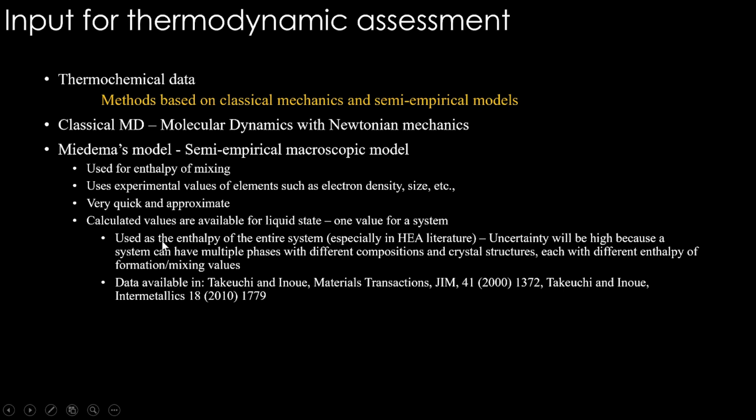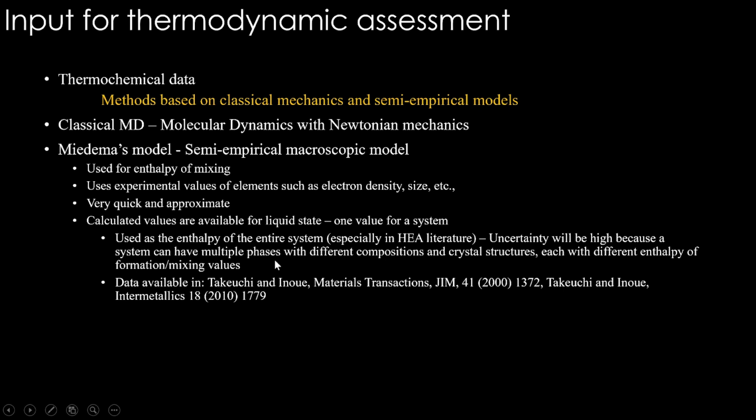But there is one problem in how it is used in the literature, used as the enthalpy of the entire system. You see, we said here clearly it is available for the liquid state. Okay, and it is used as the enthalpy for the entire system, especially in the high entropy alloy literature. If you do that, uncertainty will be high because a system can have multiple phases.